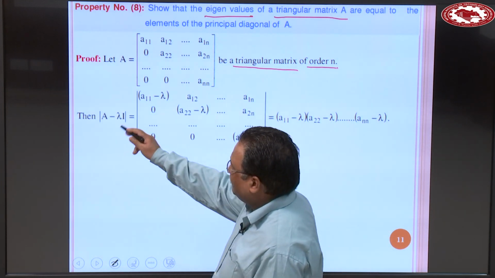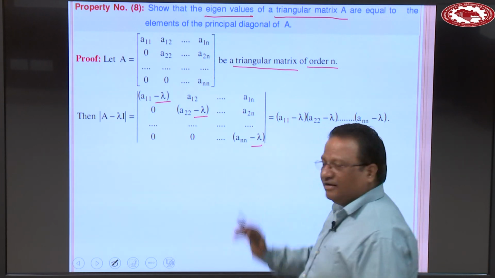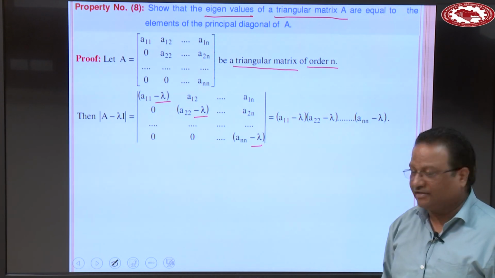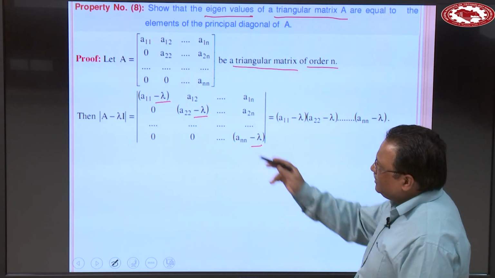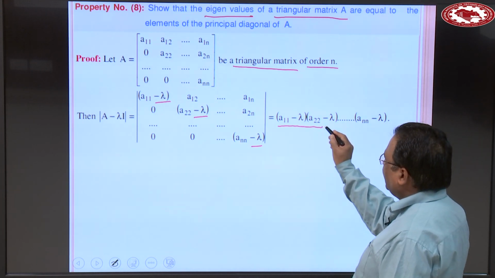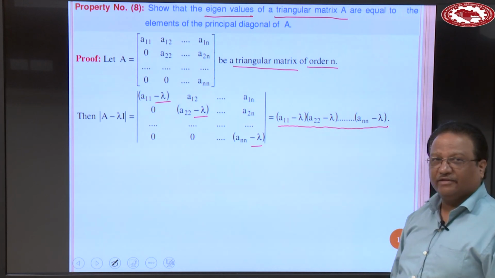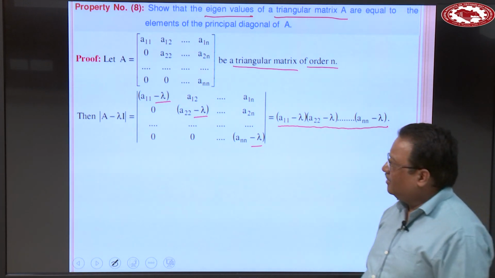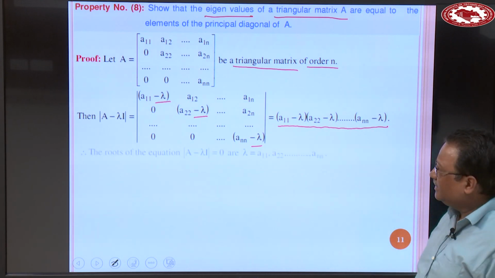So calculate determinant A minus lambda I. So here minus lambda, here minus lambda, here minus lambda and other members as they are, right? And use the sign of determinant. So when you calculate this determinant, it will give A11 minus lambda, A22 minus lambda and so on, Ann minus lambda, right? And what is the equation? The equation is this result is equal to 0, clear?